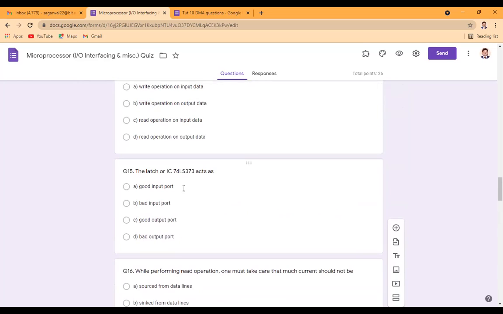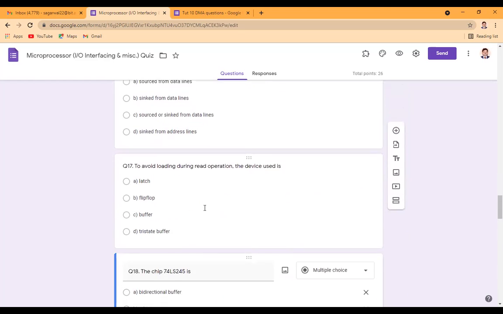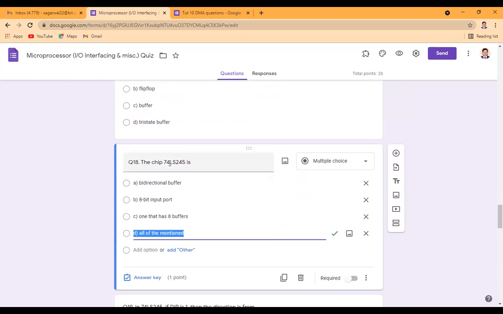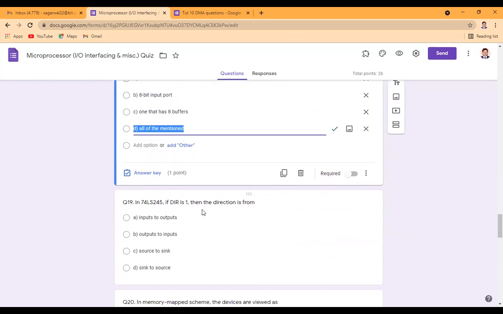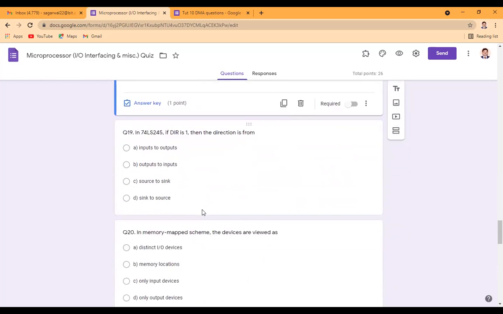74LS373 is a latch, and 74LS245 is always a buffer. In 74LS245, if DIR is 1, then the direction is from which place to which place?